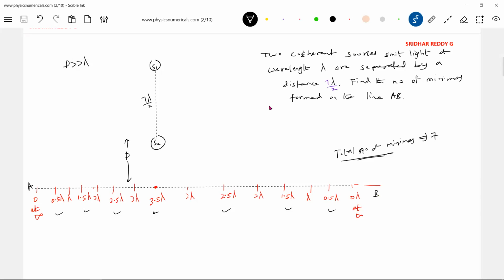The number of maximas also you can count. So I'm just asking, the number of maximas will be how much? This 3 lambda. 1, 2, 3, 4, 8. Total number of maximas will be 8, along the line AB.